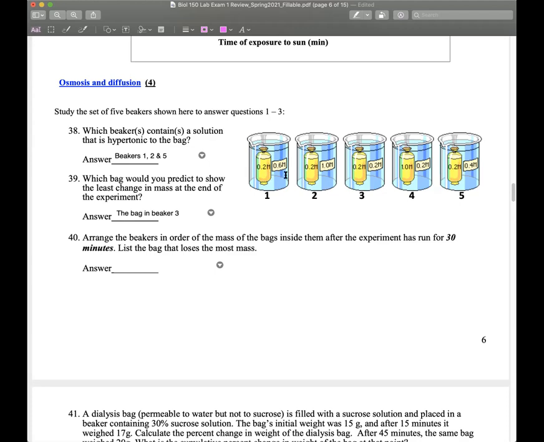Molarity is just how many molecules you have per unit of liquid. So 0.6 molar versus 0.2 molar. If we're looking for what's more hypertonic, the beaker solution has a higher molarity, so it's hypertonic. It has just more stuff dissolved in it versus the solution inside here.